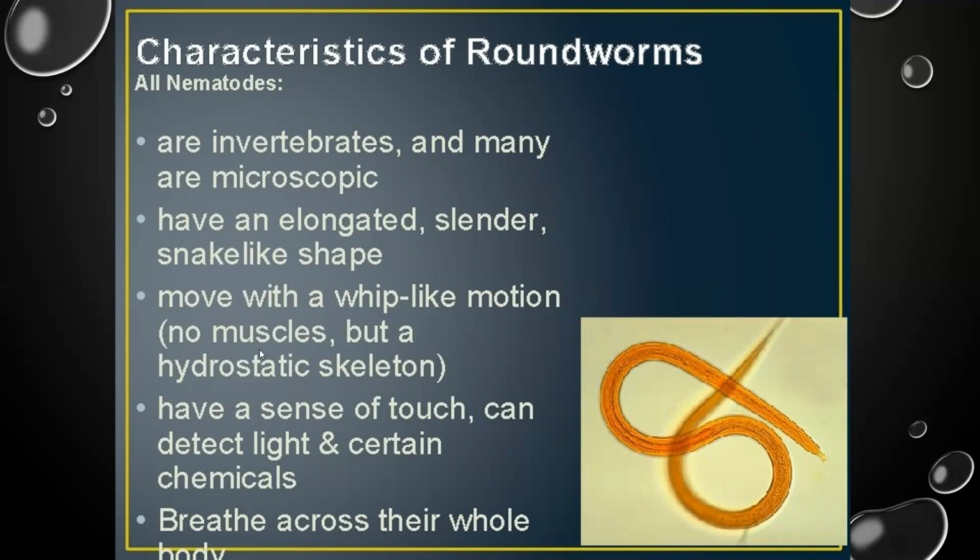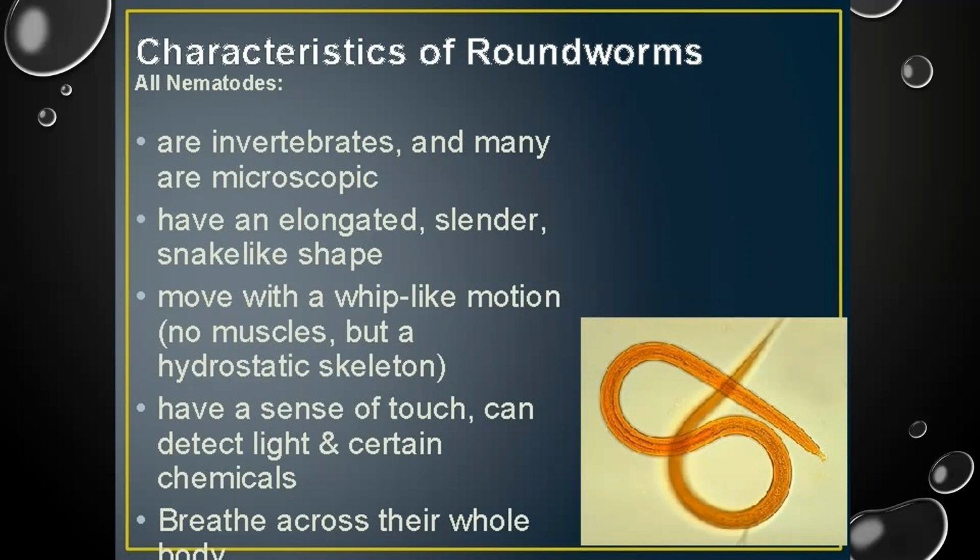They don't have these muscles, but how do they move? They move with a whip-like motion. Think of whipped cream: if you squeeze the container, that's how the roundworm moves.